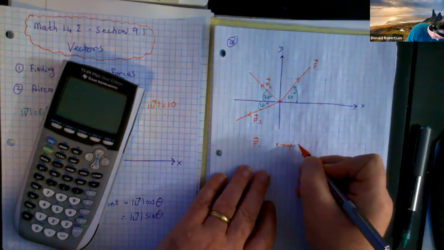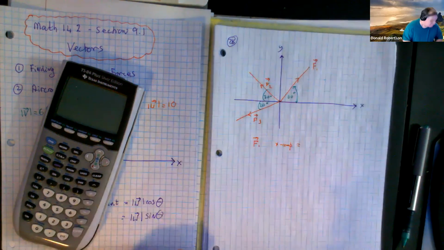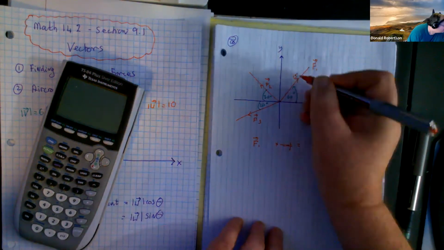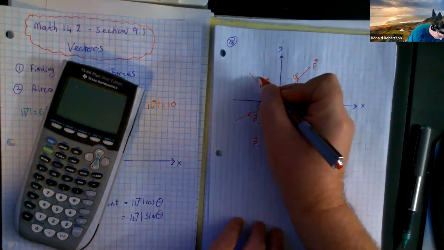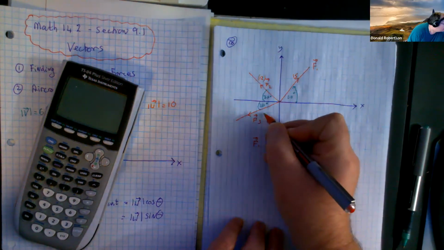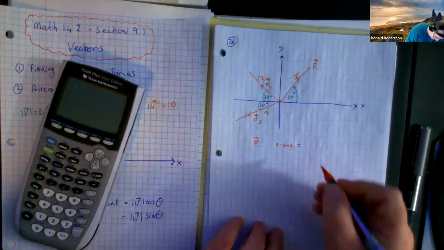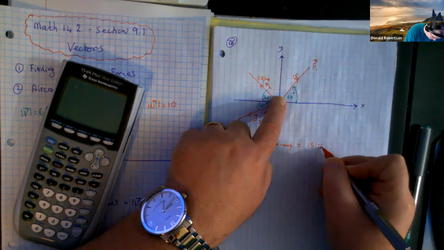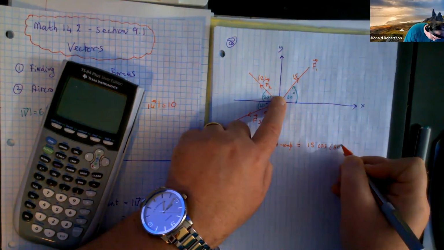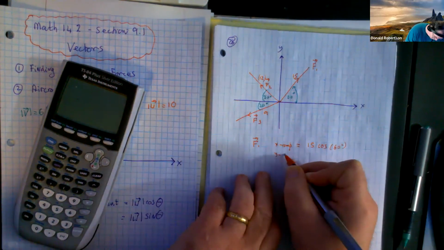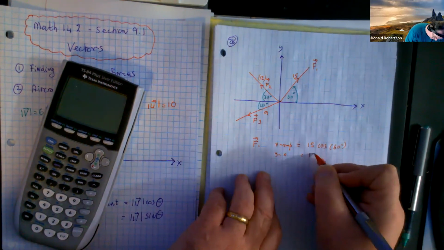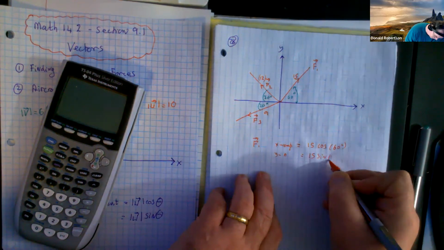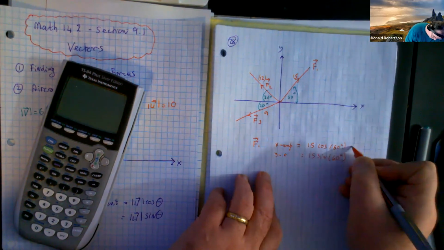I forgot to tell you the magnitudes. This one is 15. This one is 12. And this one down here is 9. So the X component is going to be magnitude 15 times the cosine of 60 degrees. The Y component is going to be 15 times the sine of 60 degrees.